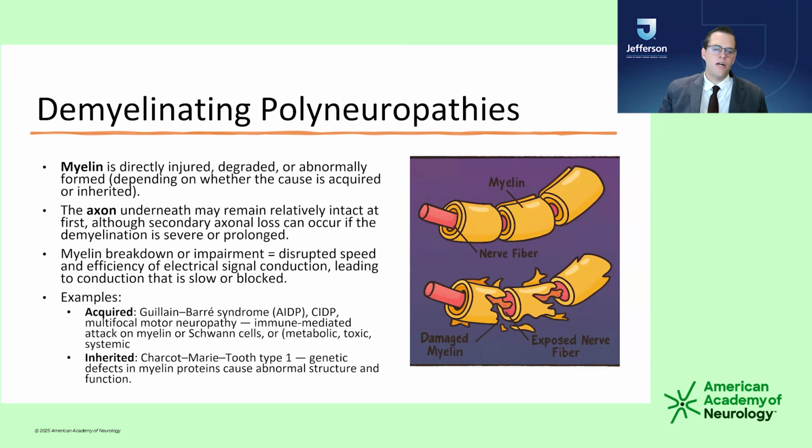Some examples here are Guillain-Barré syndrome or AIDP, CIDP, MMN. These are more immune-mediated attack on myelin or Schwann cells. There's also metabolic, toxic, and systemic causes. And for inherited, the most common example is Charcot-Marie-Tooth type 1, where genetic defects in myelin proteins cause an abnormal structure and function.